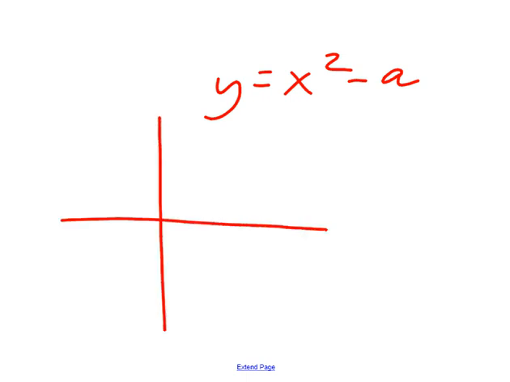Because I know you know what it looks like. Now, if I didn't put any limits on a, if I didn't say anything about a, then this function could be anywhere, right? Do you get how a would be the y-intercept? Because if you set x equal to 0, it'll just be a.